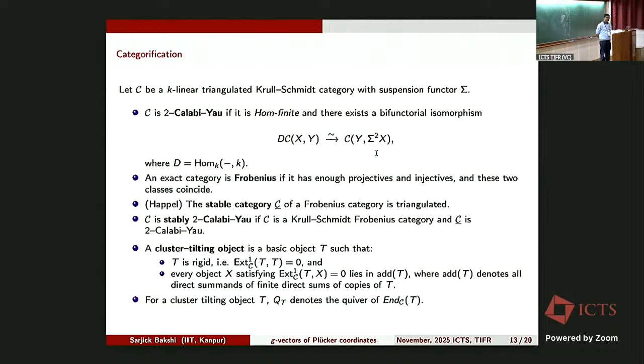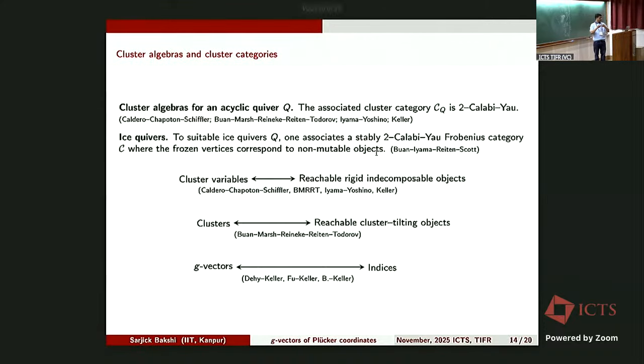T is rigid, that is, the first extension vanishes, and for all objects X satisfying Ext^1(T,X)=0, X lies in add T, where add T is the direct summands of finite direct sums of copies of T. For a cluster tilting object, Q_T denotes the quiver of the endomorphism algebra of T.